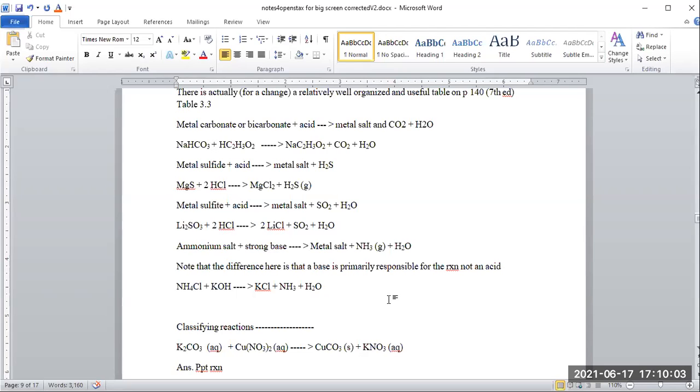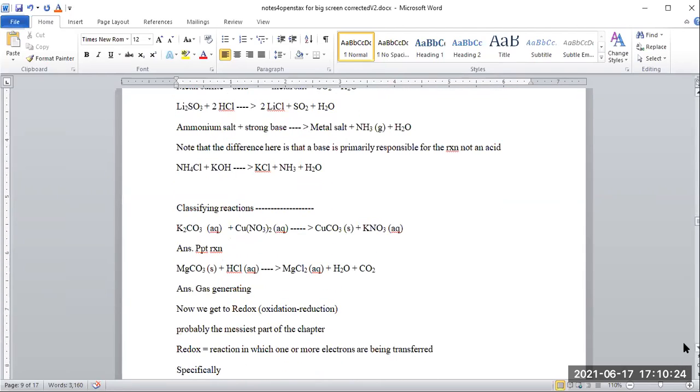For most of these, we are getting 3 products, one of which is a gas. We're going to do a couple of gas generating reactions as part of the metathesis lab that's upcoming.